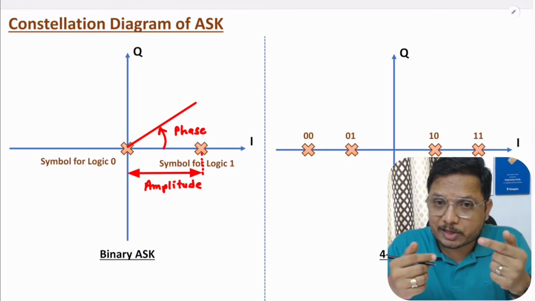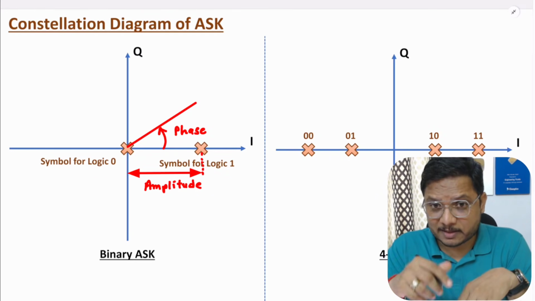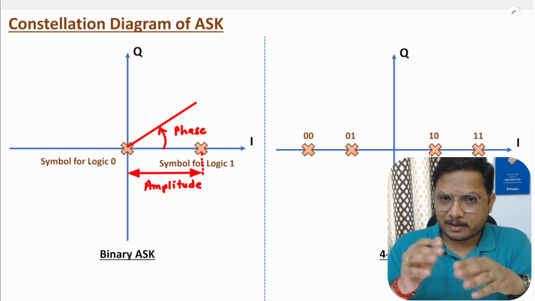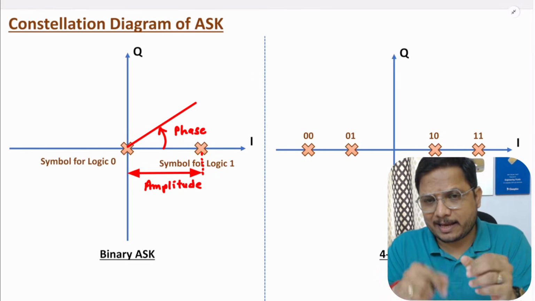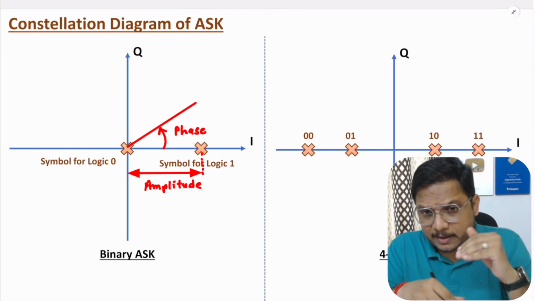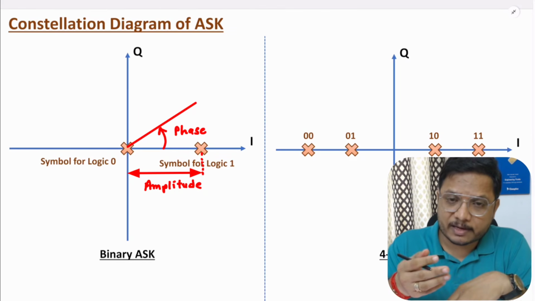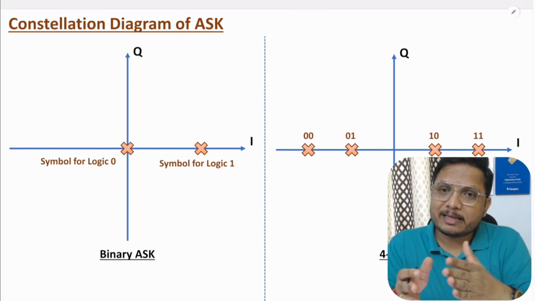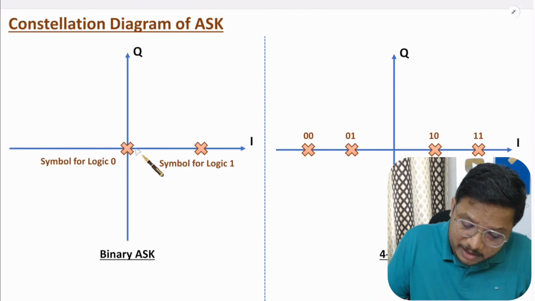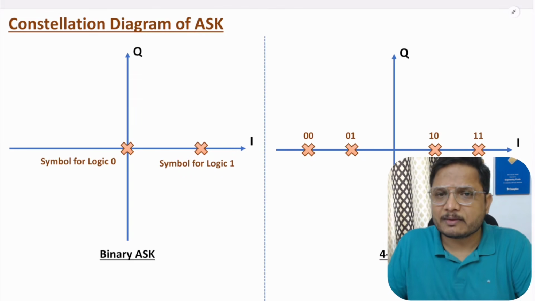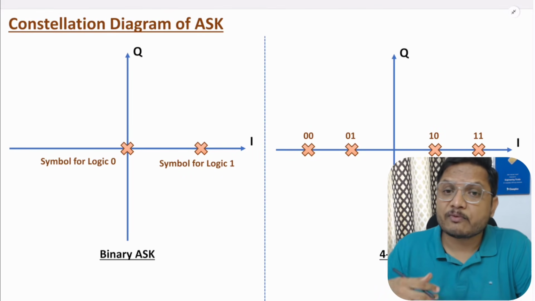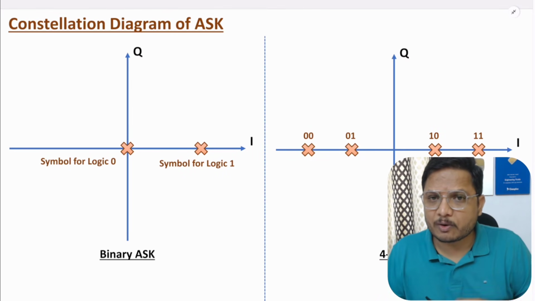The phase calculation you need to see with respect to carrier phase. Here we will be considering the phase of the carrier to be 0, and with respect to that, if there is a phase difference, then one needs to consider it in plotting of this constellation diagram, which we will see in phase shift keying. That will give you more clarity.